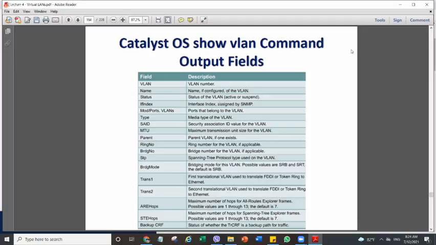The ifIndex is the interface index assigned by Simple Network Management Protocol. SNMP is running now. With that, Simple Network Management Protocol assigns numbers to interfaces, maybe to prioritize different VLANs, right?